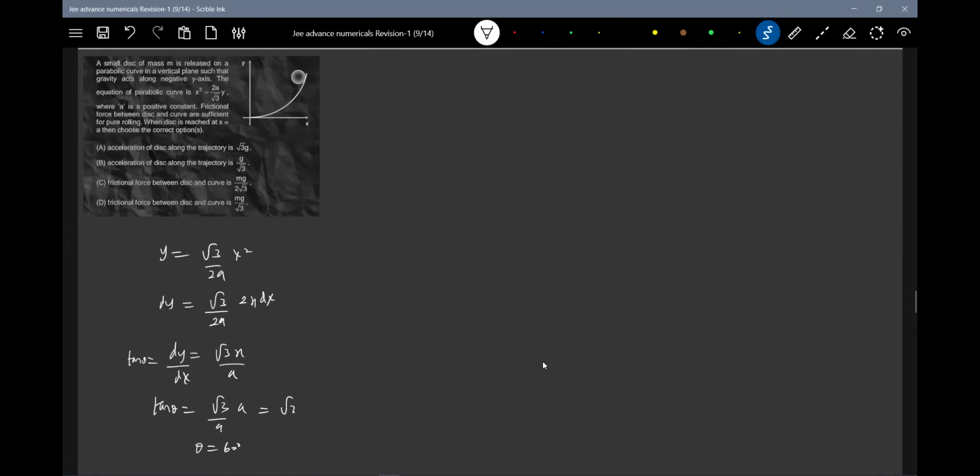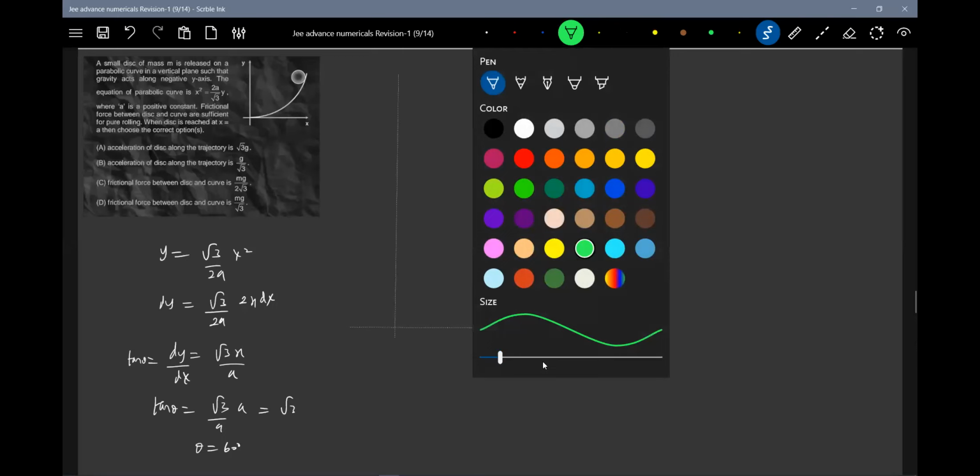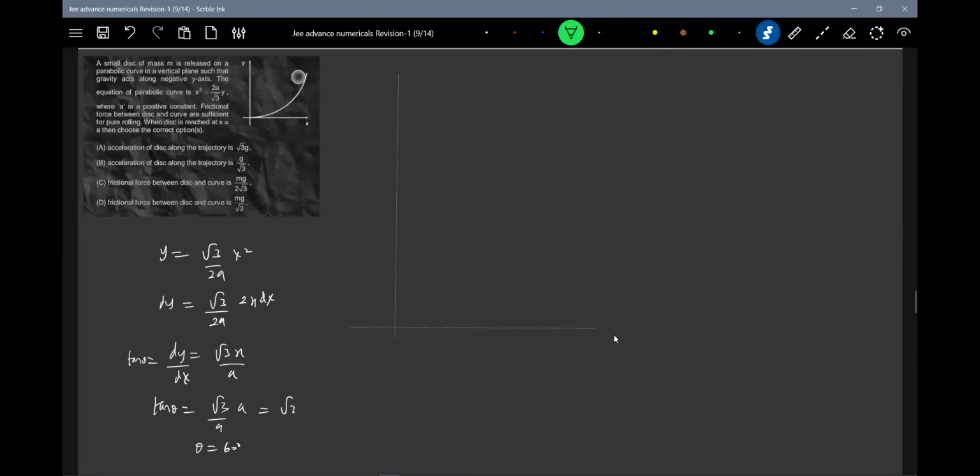What do you mean by that 60 degrees? I'll explain the mathematics behind this, why we have to do that. Here, this is the track, a parabolic track.